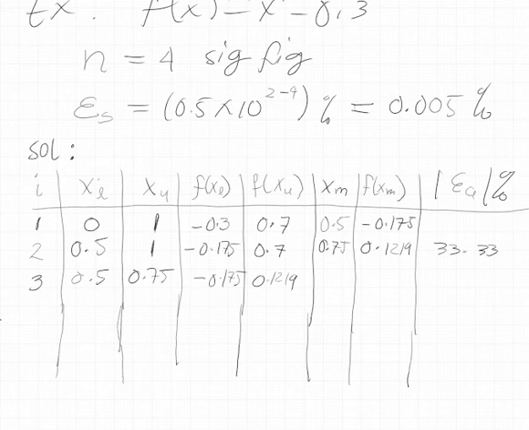So we continue. Our new xm now will be equal to 0.5 plus 0.75 divided by 2. So that will be 0.625. Then, before we do that, let me first make this one bigger.